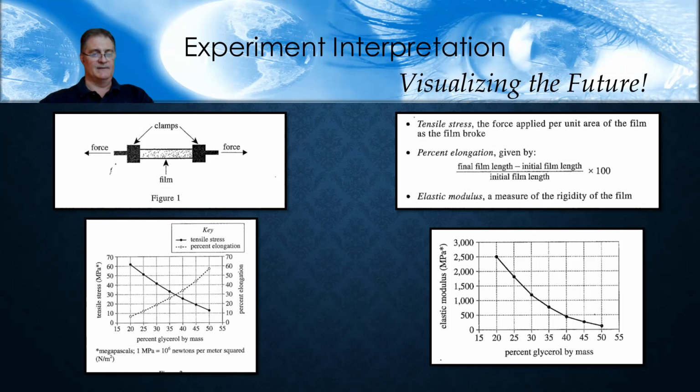And when they decrease, it allows us to elongate when we increase the amount of glycerol in the film. Now, we didn't read anything other than the information that was given to us. Now, you should be able to go to the questions that are associated with this data and answer these questions quickly and correctly.